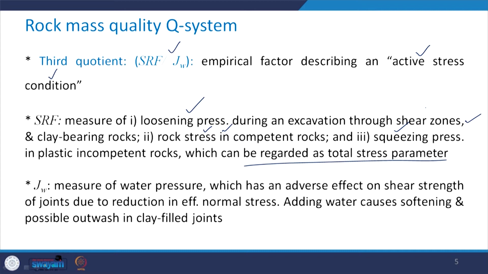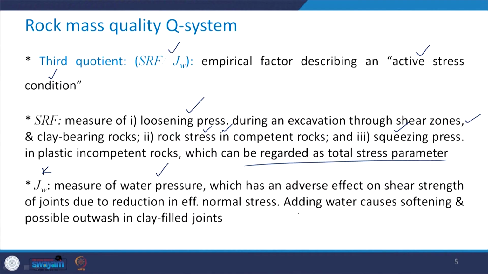Coming to the parameter Jw, a measure of the water pressure. Obviously, when the water is there, it will have an adverse effect on the shear strength, because the presence of the water reduces the effective normal stress, and therefore the strength characteristic also reduces.